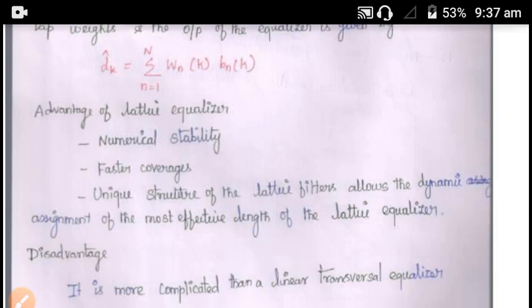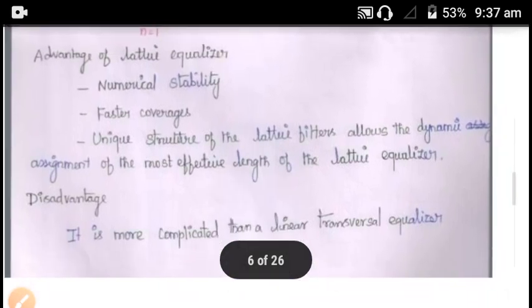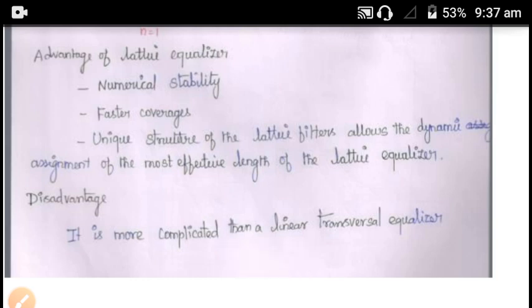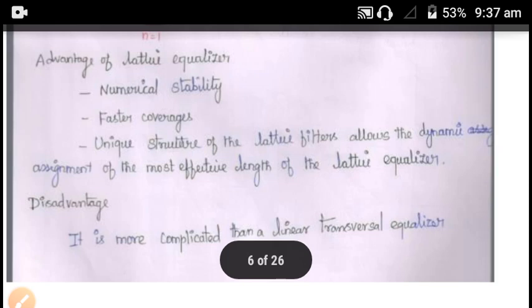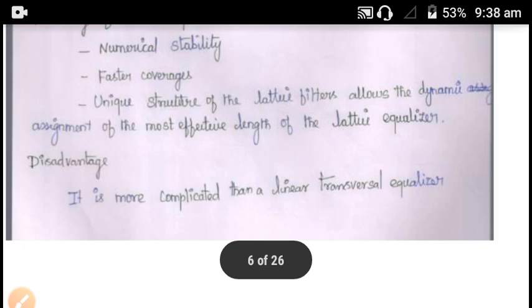The main advantages are numerical stability, faster convergence, and the unique structure of the lattice filter, which allows the dynamic assignment of the most effective length of the lattice equalizer. It provides faster convergence because it checks forward and backward errors simultaneously.